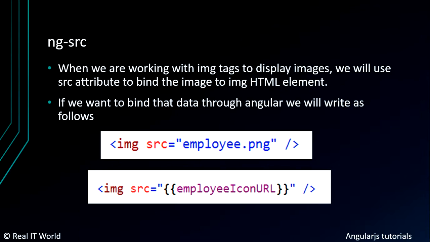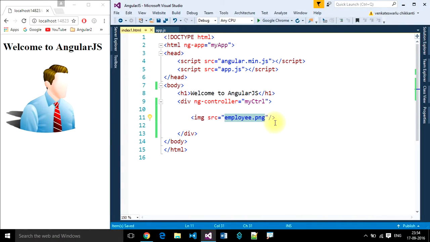Like that we need to bind the URL. The first one is how we can bind the image URL to the img tag using plain HTML, and the second one is binding the URL using Angular interpolation statements.